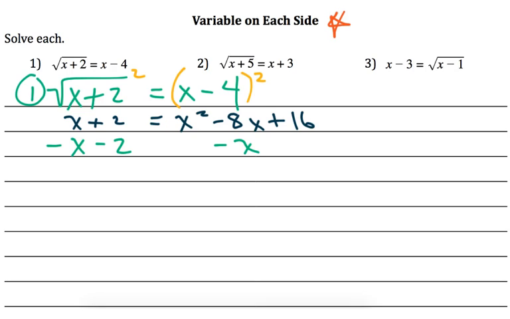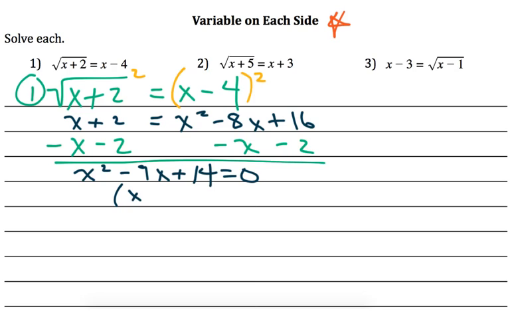So I'm going to subtract x, subtract 2 from both sides, and I hope you're okay with me moving this to the left side so that I can rewrite x squared minus 9x plus 14 equals 0. And then hopefully these factor. So we're looking for the factors of 14 that add up to 9, and the way that this will work out is that x minus 2 times x minus 7 will give you 0.